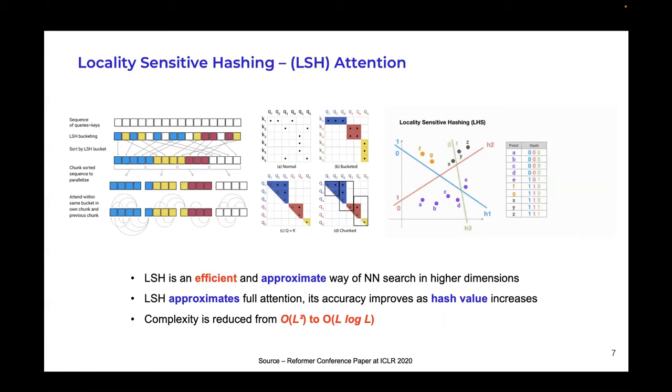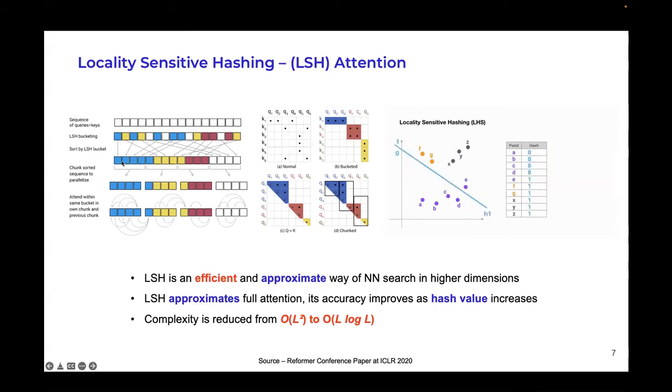After we draw these hyperplanes, we do the bucketing. Here you can see A, B, C, D are in the same bucket.